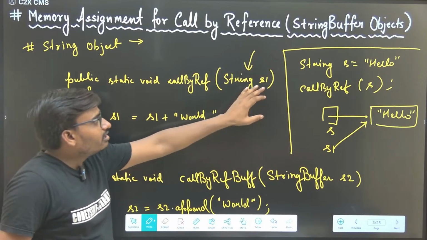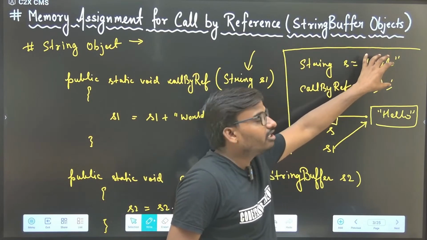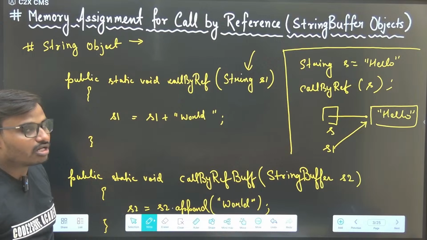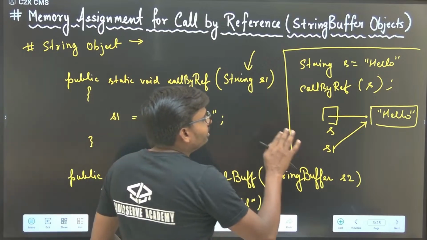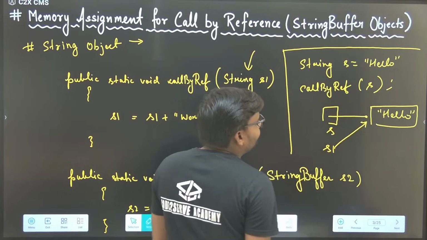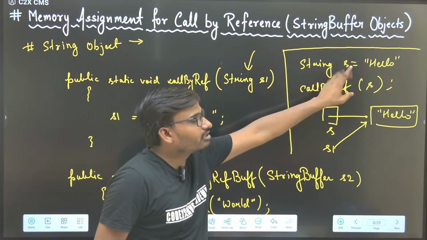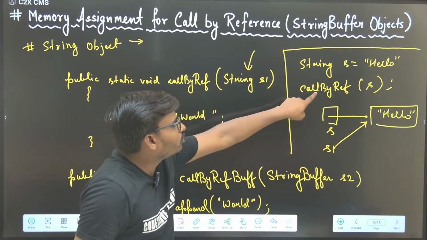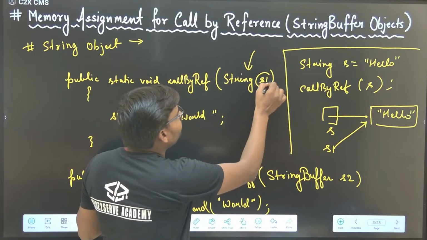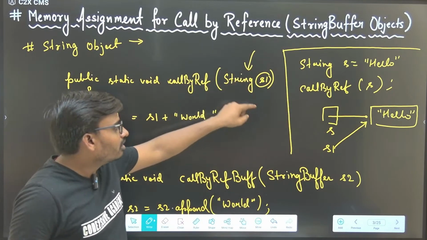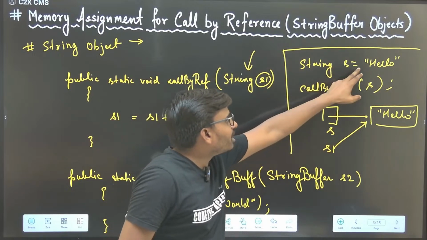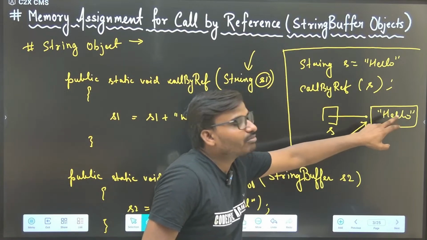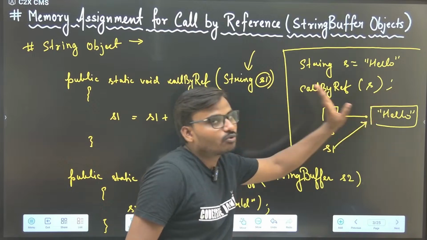Till now only s exists, from when you declared this line. After this you called this function, and as soon as you call it, another variable exists, that is s1. Now you are passing the same value, so it will point to the same memory location where hello was present.